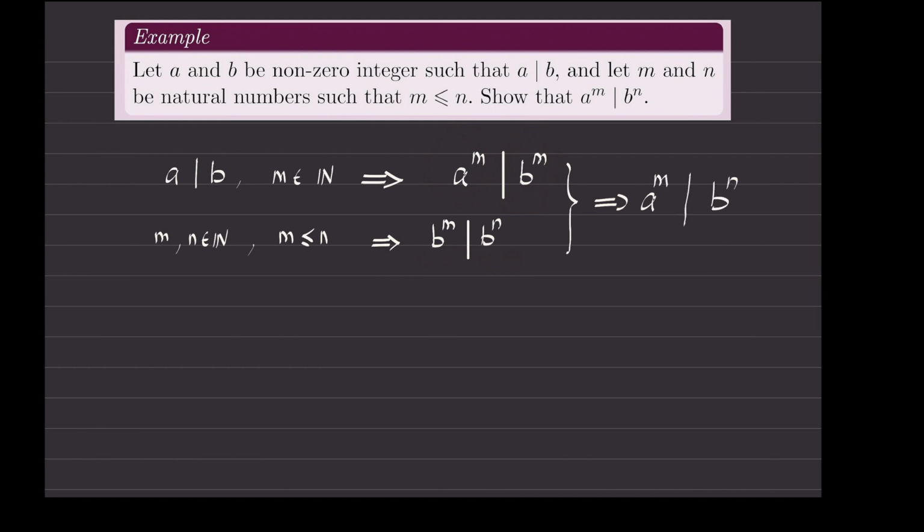So here, this is important for me that you learn to do it in this way. Of course, here you can go and start from scratch by using the definition of divisibility, and it works very simply. But my preference is that you learn how to use these theorems that we have learned so far to be able to do things faster. Okay? So that's why I prefer you to do it in this way.